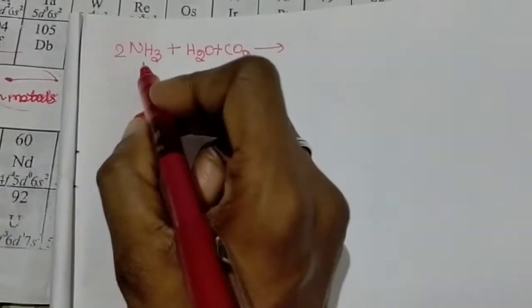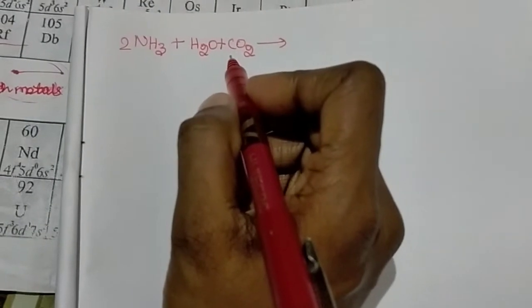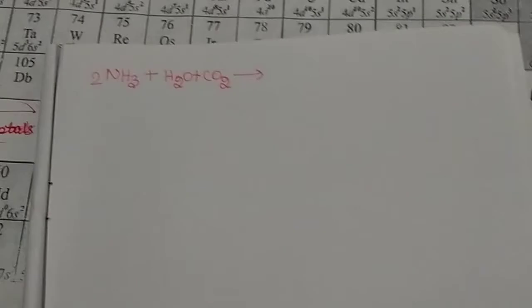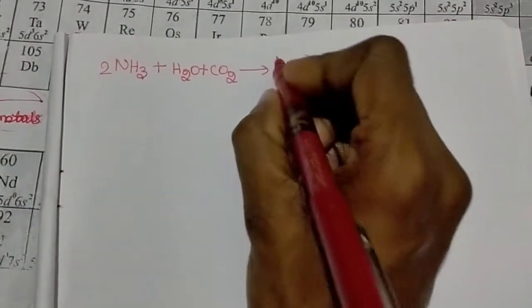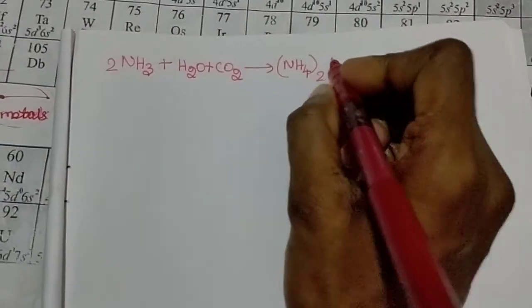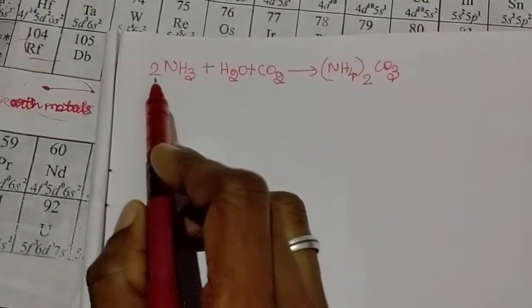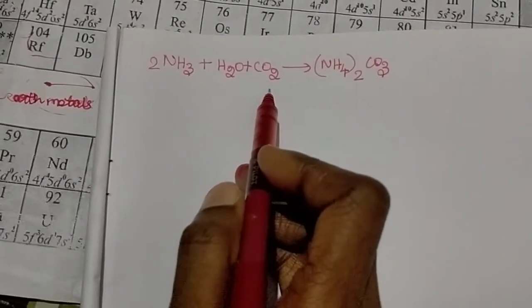Now this ammonia is converted into ammonium carbonate. So, what is the formula of ammonium carbonate? NH4 twice, CO3. Now see this reaction: 2 moles of NH3 treated with H2O and CO2.